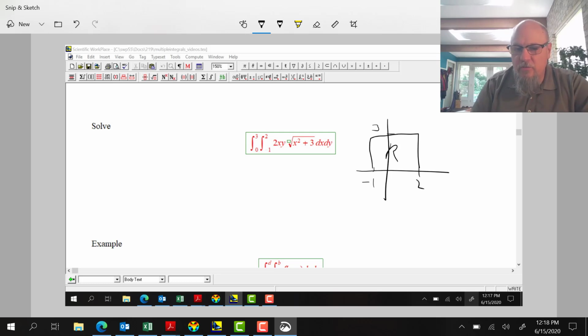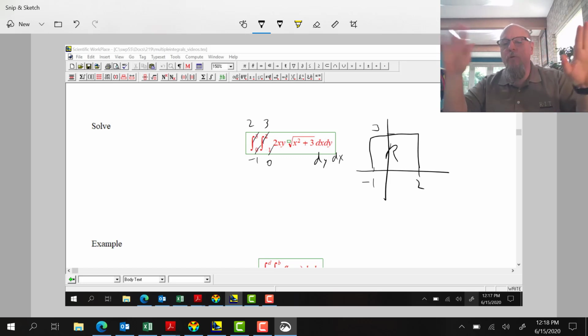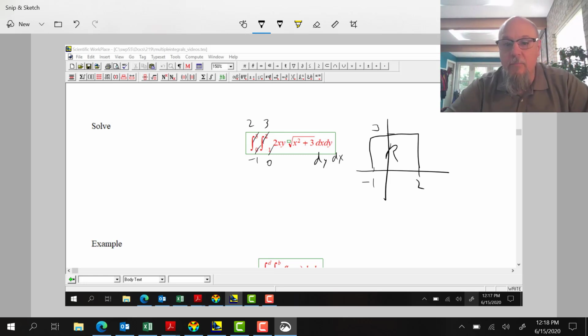If I switch this to be a dy dx, then y is going to go from 0 to 3, and x is going to go from -1 to 2. Now, if it looks like when you switch dx and dy that you can just switch the integral endpoints, yeah, that works with rectangular regions.